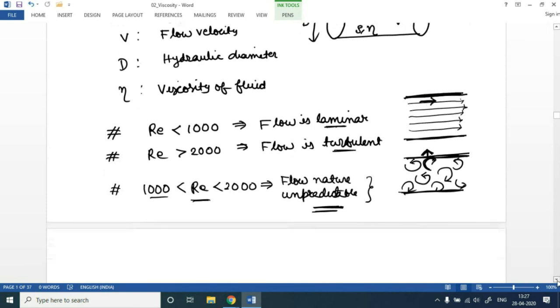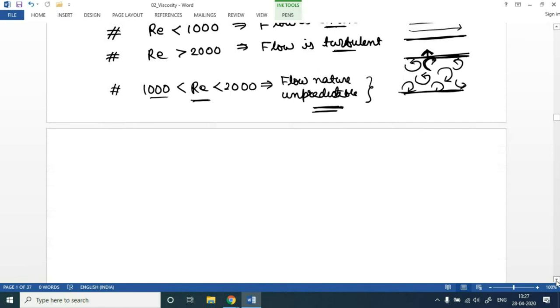And one more thing I would like to add, looking at the Reynolds number a different way, let me tell you about the physical significance of Reynolds number.